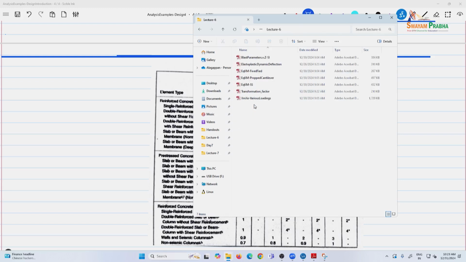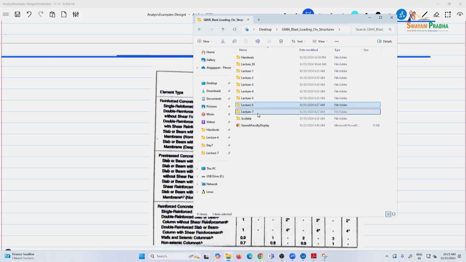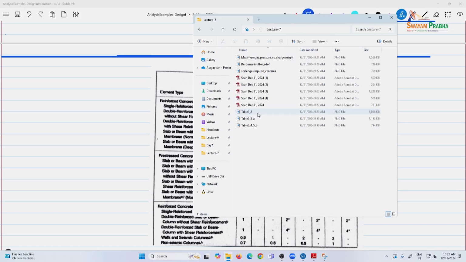And transformation factors, these are dynamic deflection. So I don't seem to have those. I think transformation factors, we have given those 8-page files or several page files yesterday.